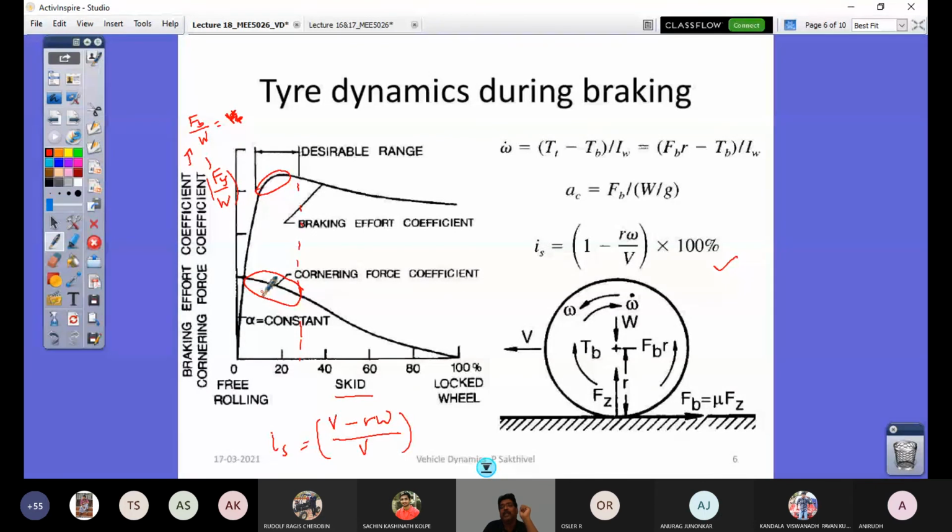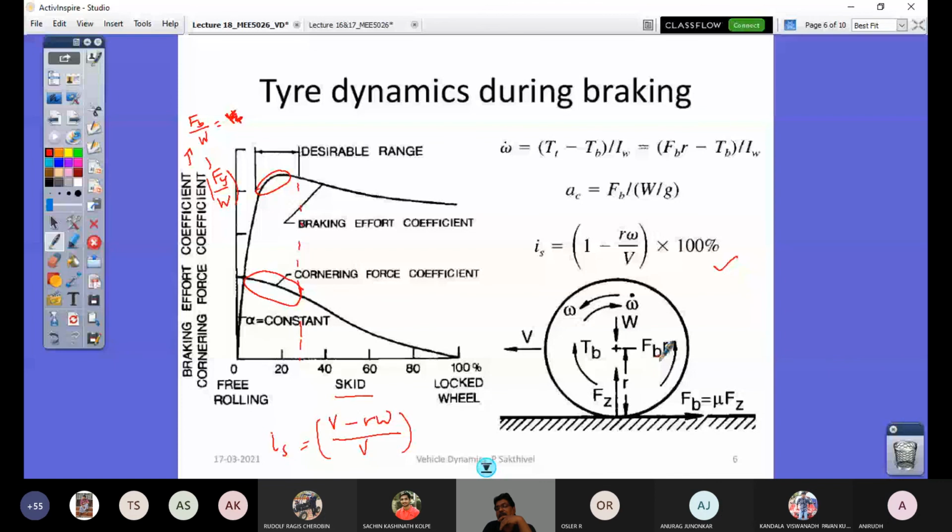So look here, this omega dot is again coming from this free body diagram. In this free body diagram, we have to understand one thing. See, it is put FB into R. FB is there here. That is because of TB applied, you get an FB developed. And this FB into R, they have put it here.